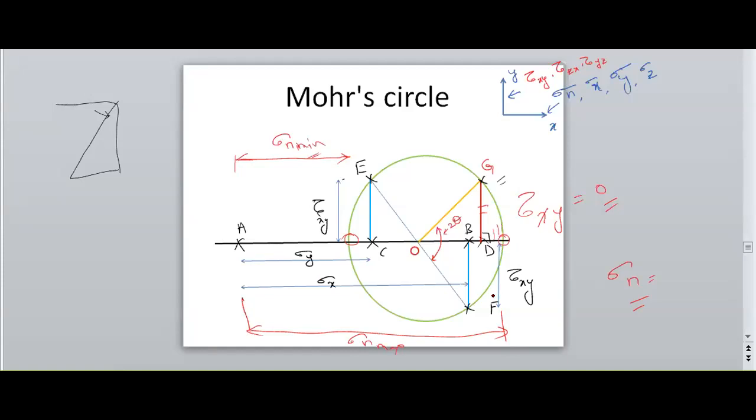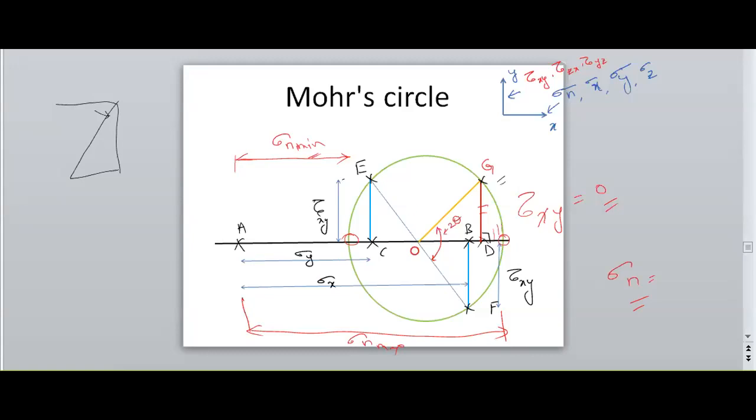So by simply drawing a circle and measuring A to M and A to N, I can find the principal stresses by the graphical method.